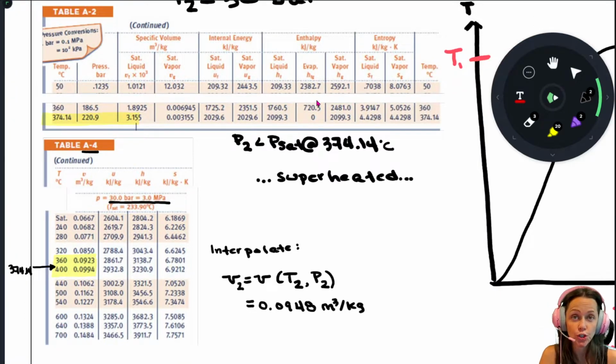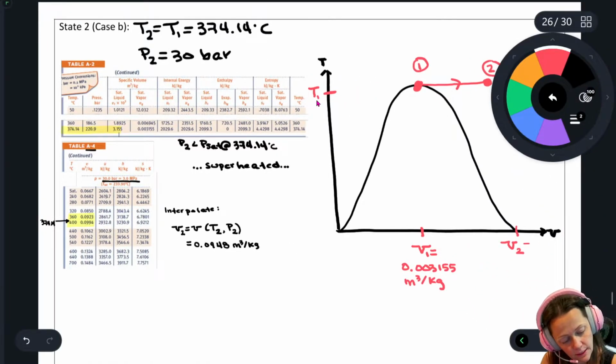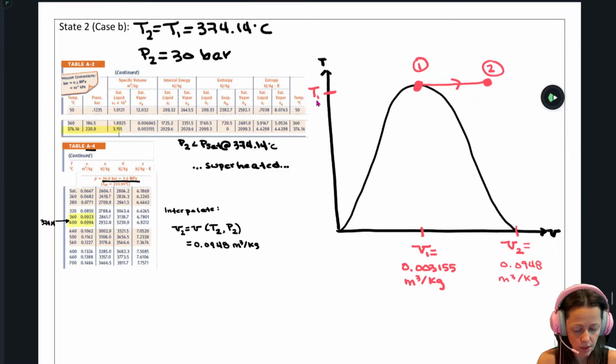Perfect. Just make sure that you can interpolate and get that same thing. So here's state two, case B.